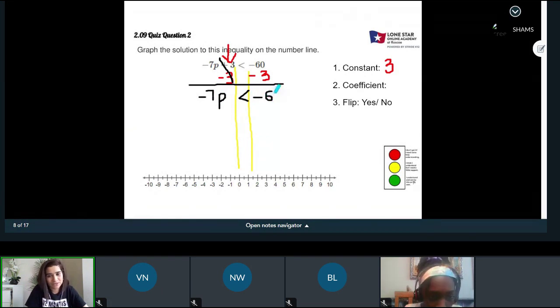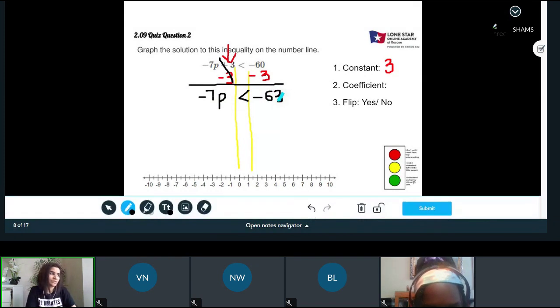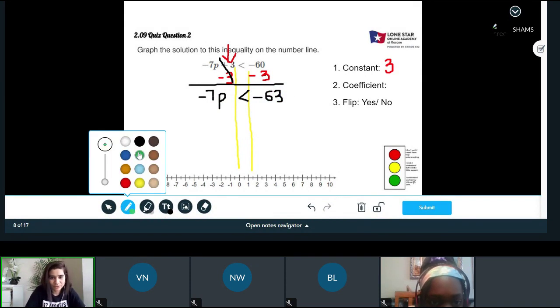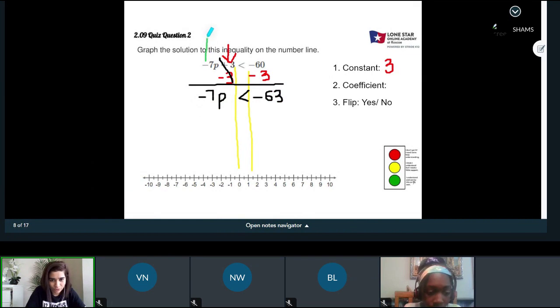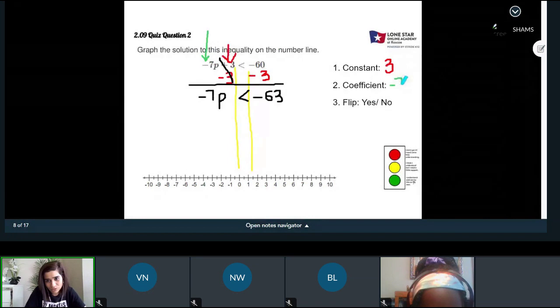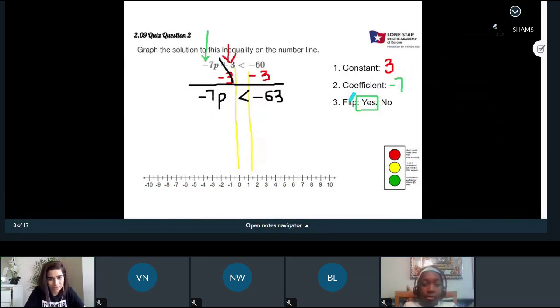Because we have -60, not a good situation with our bank accounts. -3, we go out and spend even more. We owe the bank more. We owe 63. To get p by itself, you want to get rid of this coefficient. The coefficient in this problem is -7. A negative coefficient tells you we gotta flip the inequality symbol. I divide both sides by -7.